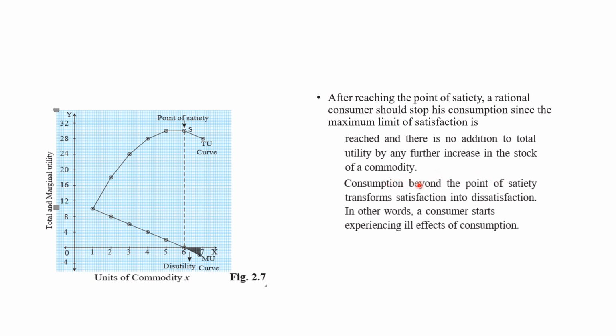Consumption beyond the point of satiety transforms satisfaction into dissatisfaction. After reaching satisfaction, if I consume more, it will give dissatisfaction. Next time, whenever I see that good, I will be like, no, I'm not going to have it.